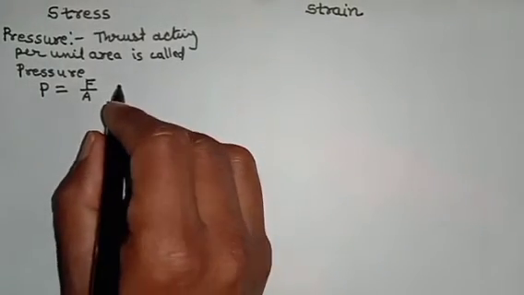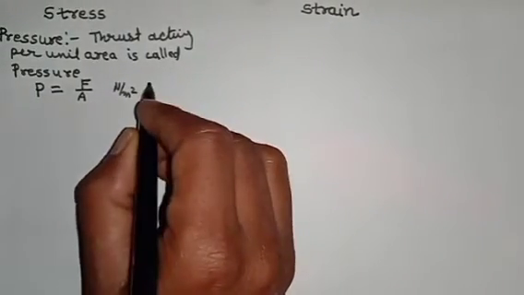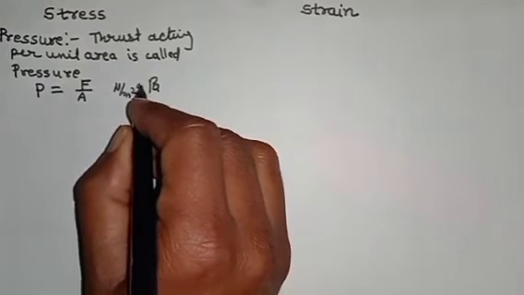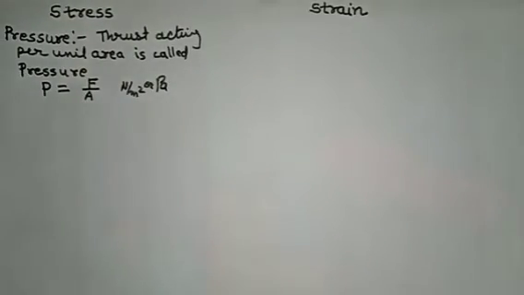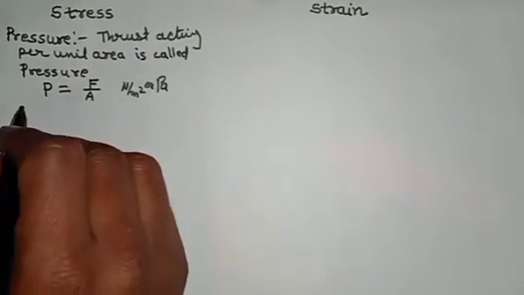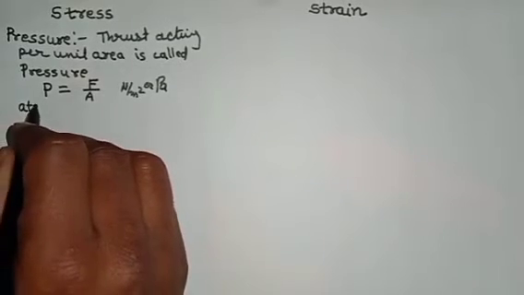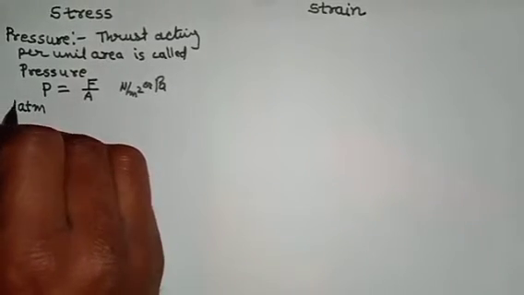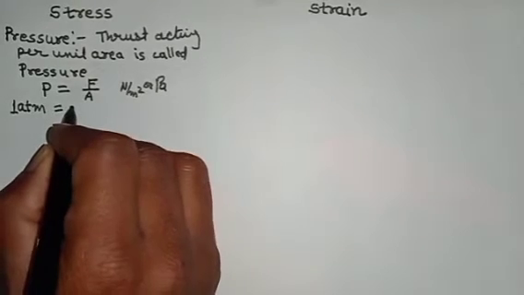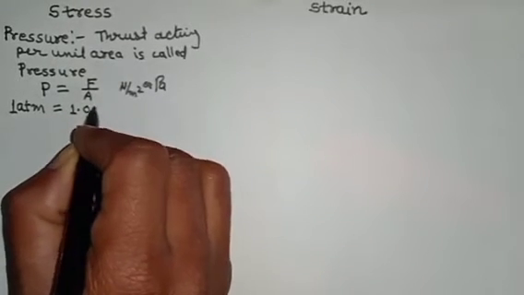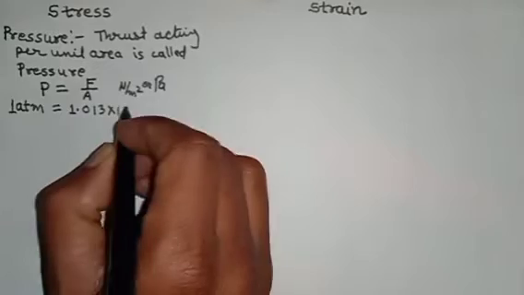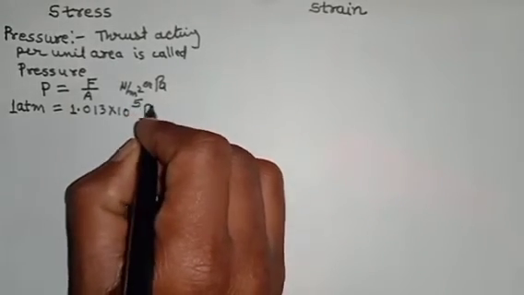Its SI unit is Newton per meter square, or Pascal. There are several other units for pressure also, like atmosphere, in short written as atm, where 1 atmosphere is approximately equal to 1.013 times 10 to the power 5 pascals.